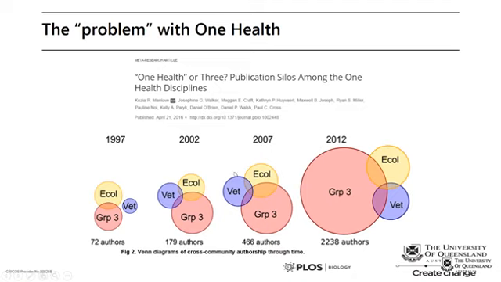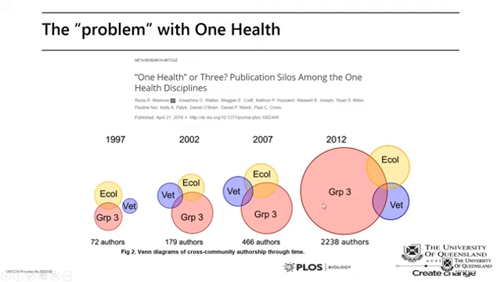What I really felt was important was that in terms of One Health, these circles represent the interrelatedness of the communities: the veterinary scientific community, the ecological community, and this third group, which is made up of a much broader group, largely working in the field of public health and to a lesser extent some of the sociological sciences.